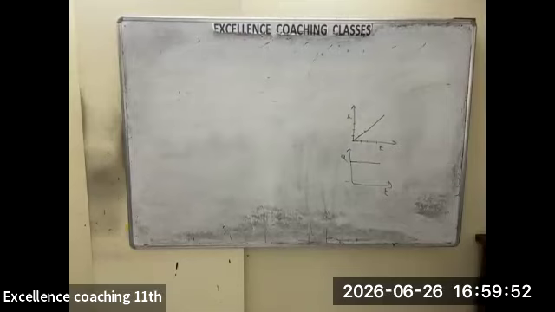Which of the following distance-time graphs shows a realistic situation for a body in motion? Answer will be A, B, C, or D. D, the last one. Why is the last one not correct? Let us discuss that.